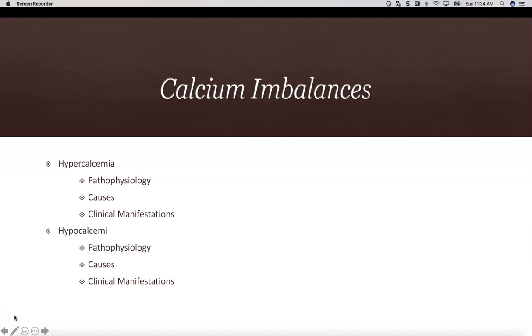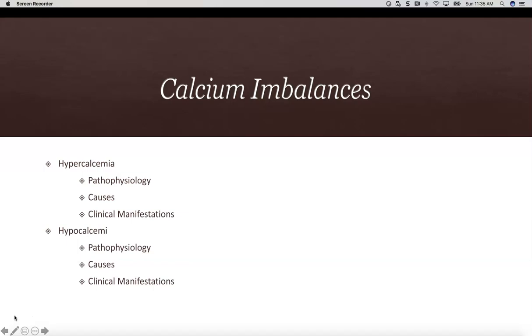So with hypercalcemia, what happens is there's an excess of calcium serum concentration. Things that can cause this: hyperparathyroidism, bone metastasis with calcium reabsorption, prostate, renal, and cervical cancer. You see this in sarcoidosis, excessive vitamin D intake, and some tumors that will end up producing PTH.